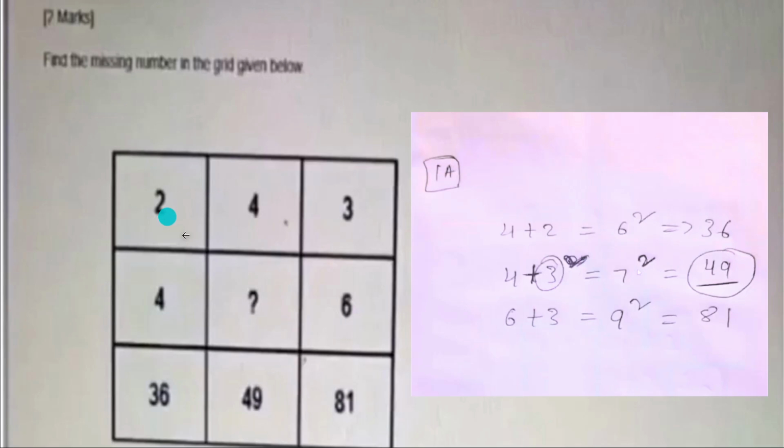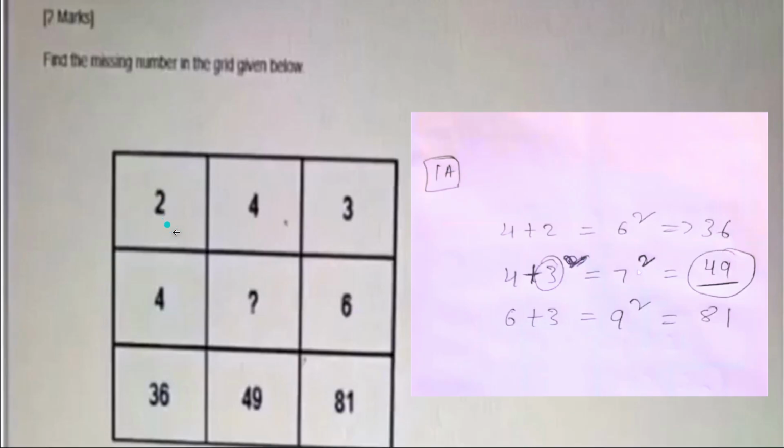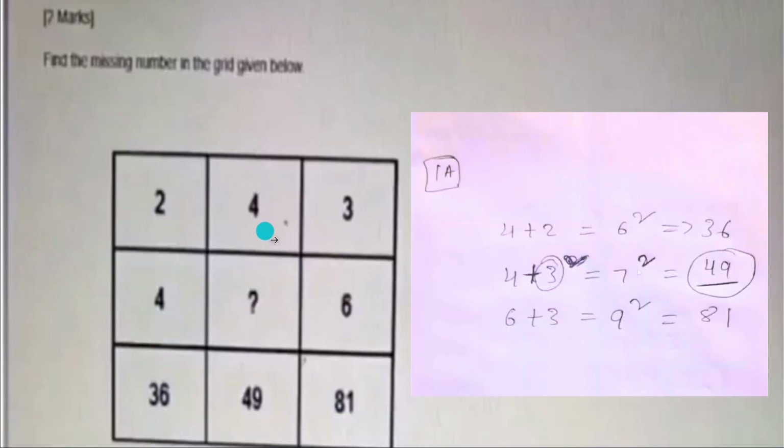Here is the puzzle question: 2, 4, 3, 4, question mark, 6, 36, 49, 81. You can observe 2 plus 4 is 6, and 6 squared is 36. Then 4 plus 3 is 7, and 7 squared is 49.